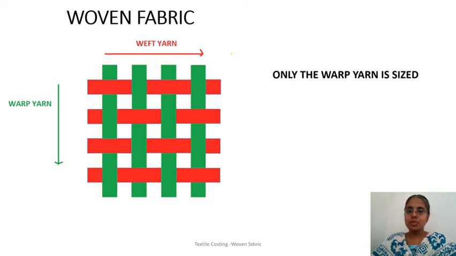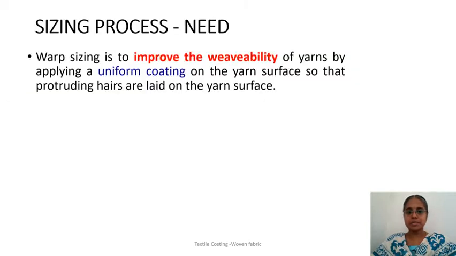So to lessen the warp breakage rate and improve the weavability, the warp yarns are sent for the sizing application. Whereas the weft yarn does not undergo any sizing application. And also double yarns and yarns which have filament yarns are not sent for the sizing process.